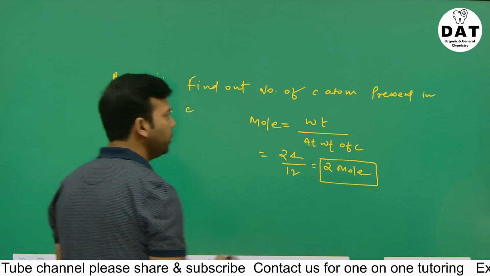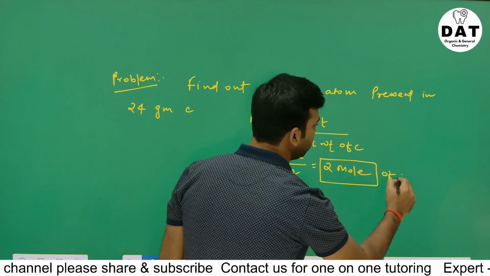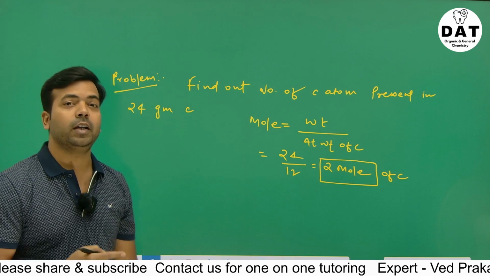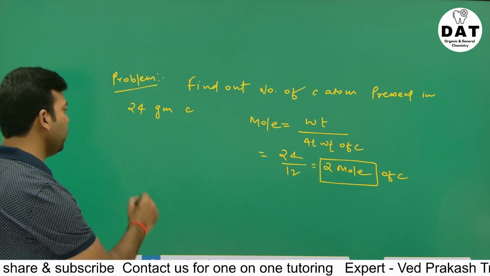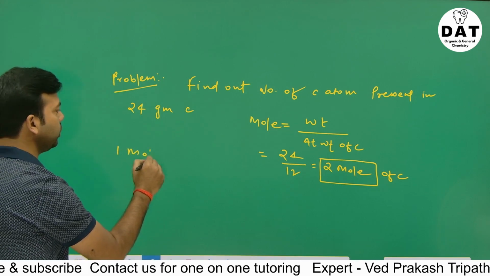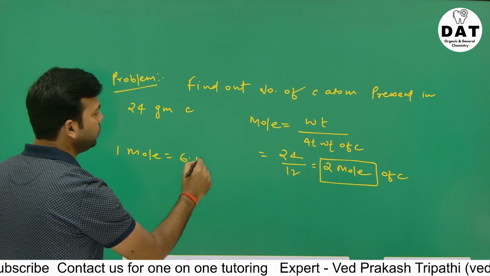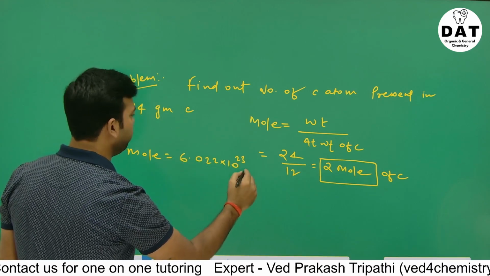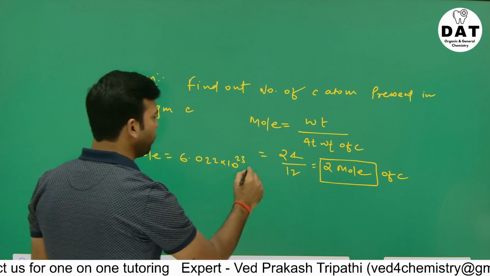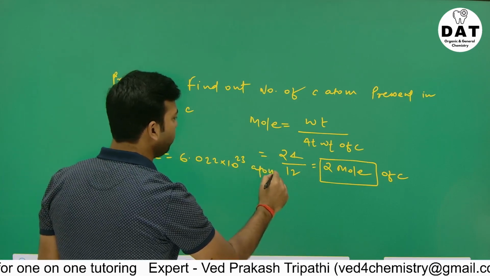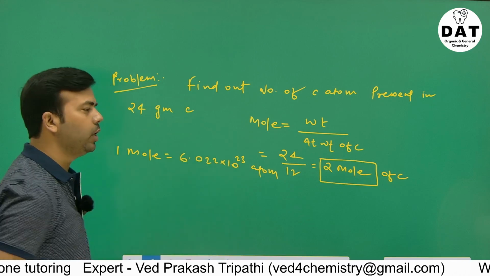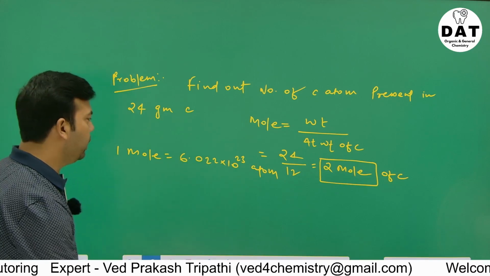But it is talking about the number of carbon atoms. So we all know 1 mole is equal to 6.022 into 10 to the power 23 of any unit. Suppose atom, so you can say atom. If it is a particle, then you can say 6.022 into 10 to the power 23 particles, anything.